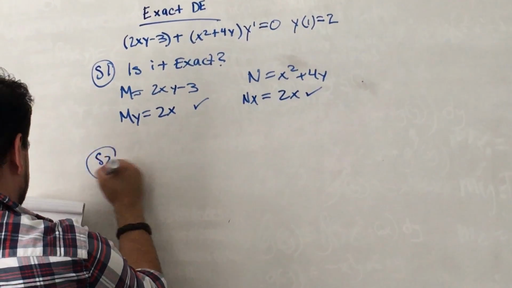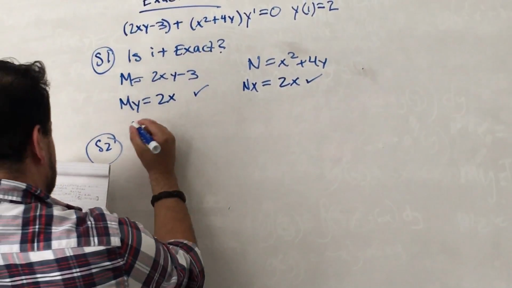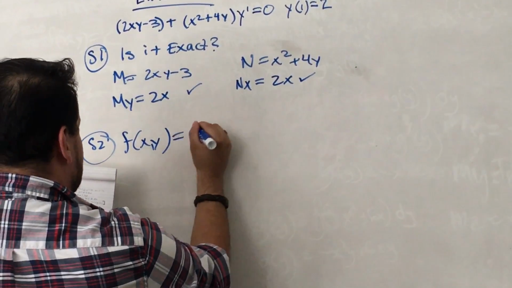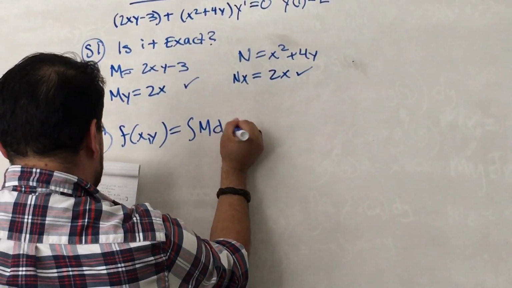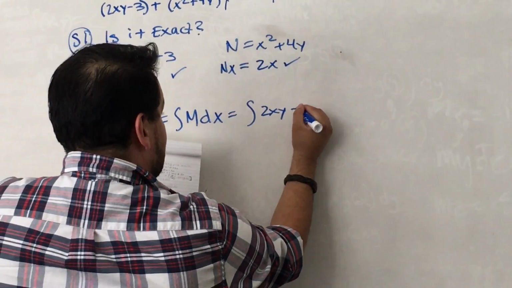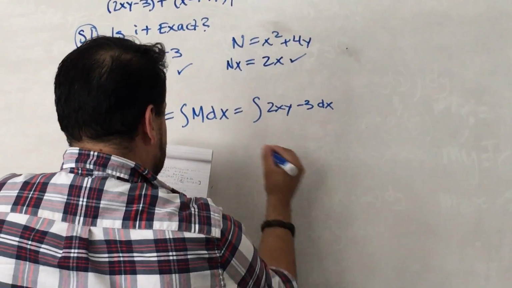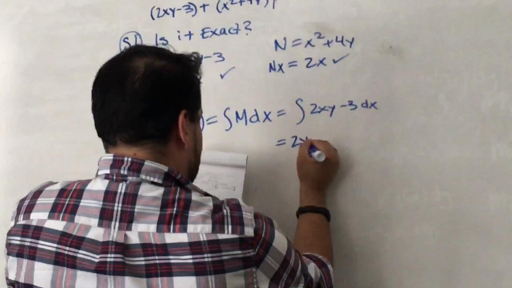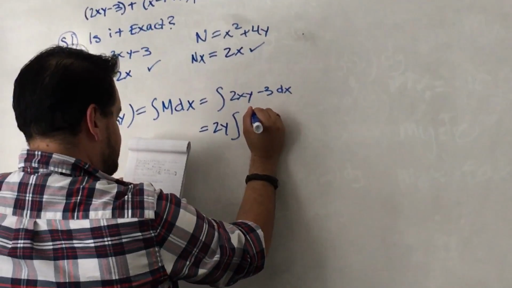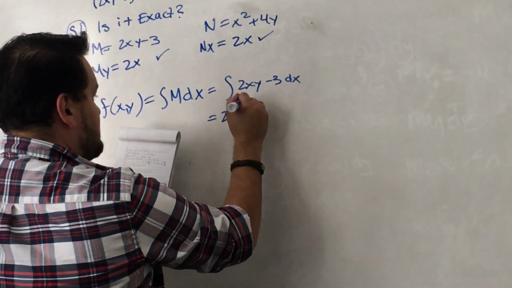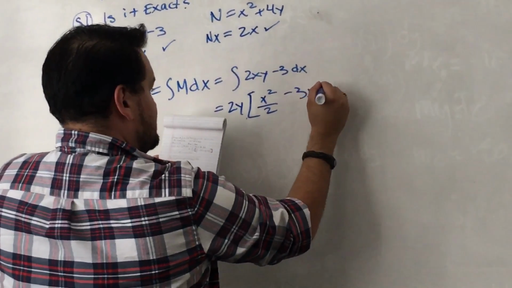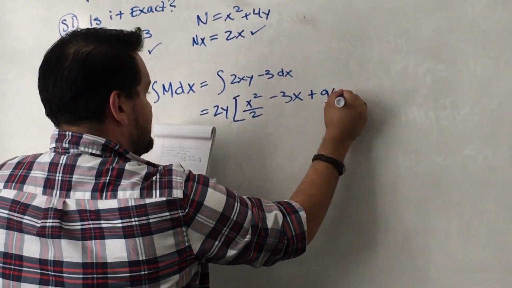Step 2, what we do is find f of x and y, the integral of M dx, which is the integral of 2xy minus 3 dx, which gives us 2y, when you take that 2y out, x squared over 2 minus 3x plus g of y.